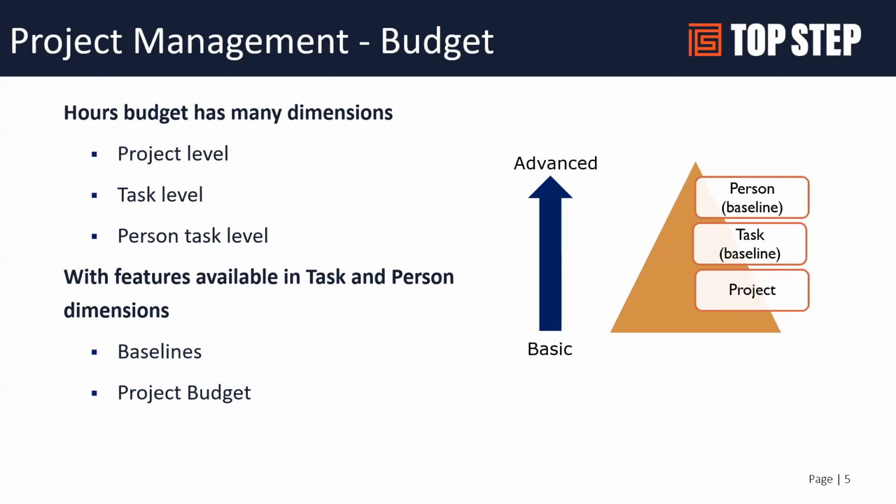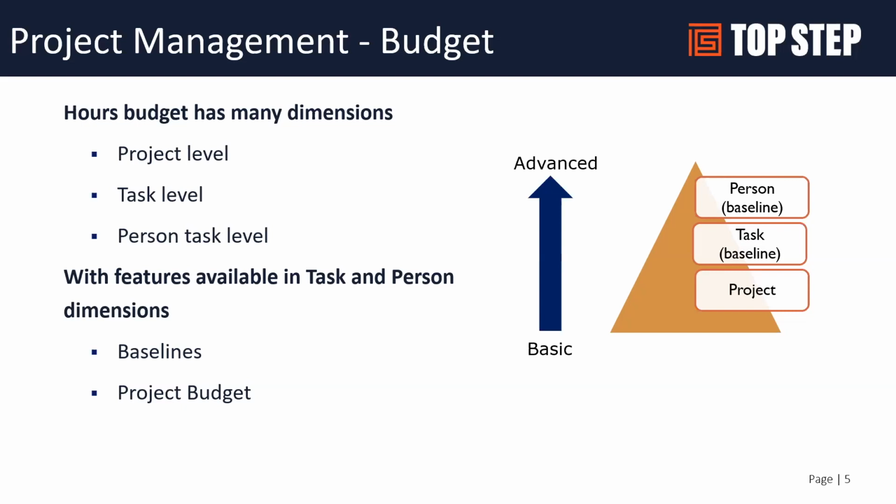Budgeted hours at a project only is, we would say, the easiest, simplest way to store a budget. You can also set up projects to have tasks, and each task has a budget. So you can say we have a project budget, but then each task has its own budget, and that rolls up to an overall budget for the project.